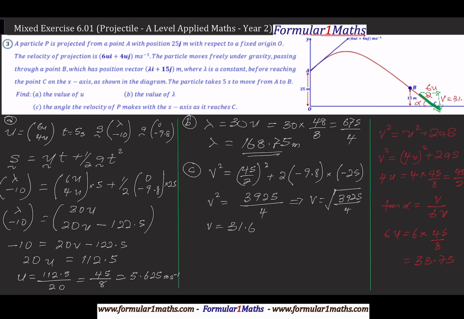So now I can go ahead and find my angle. And so tan alpha is equal to 31.6, which is v over here, divided by 33.75.